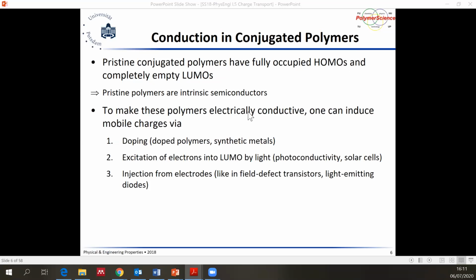To make a system electrically conductive, we can either dope the system, P-type or N-type. We can create excitations into the LUMO by light, for instance, or we can inject charges from the electrodes.